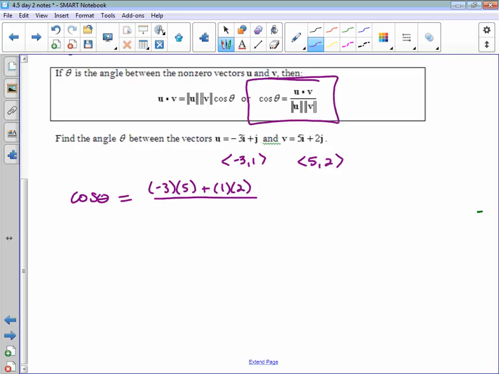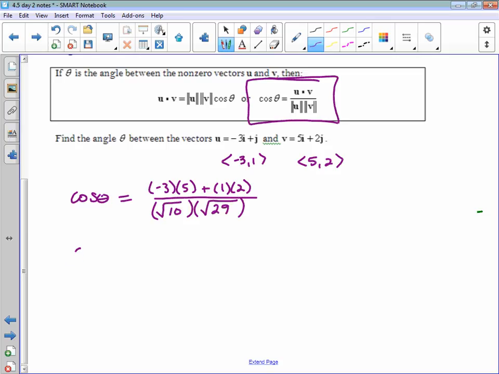So what's the magnitude of u? Square root of 10, okay. And what's the magnitude of the other one? 29. Okay. You guys with me?